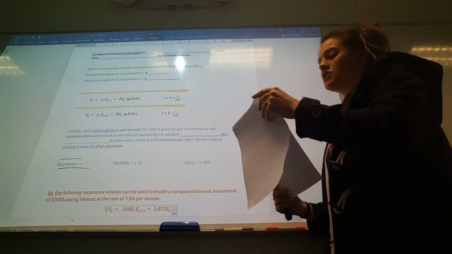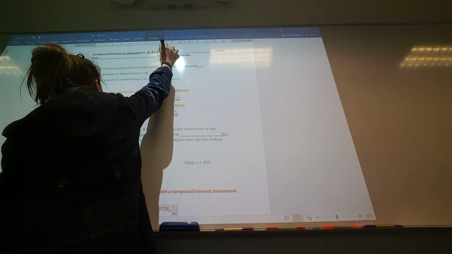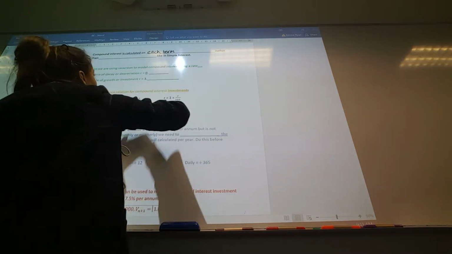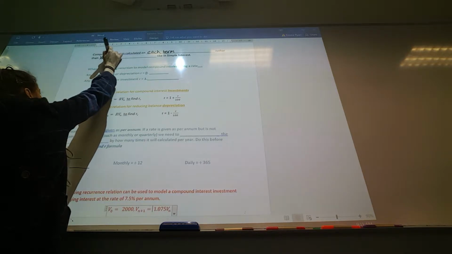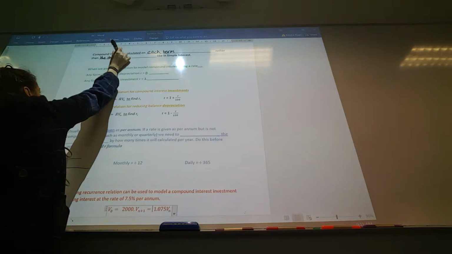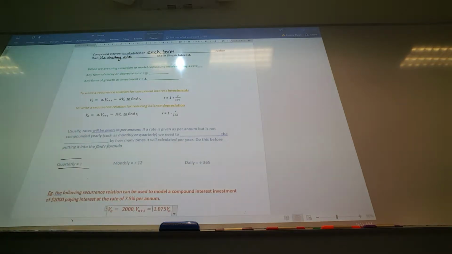So, compound interest is calculated on each term rather than the starting value, which is what we do for simple interest.